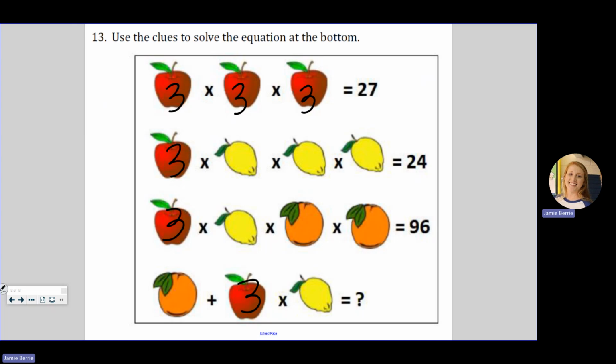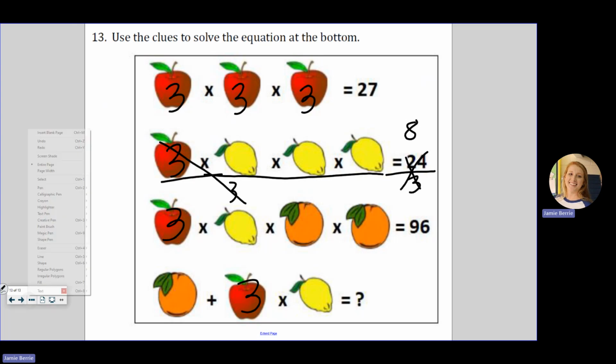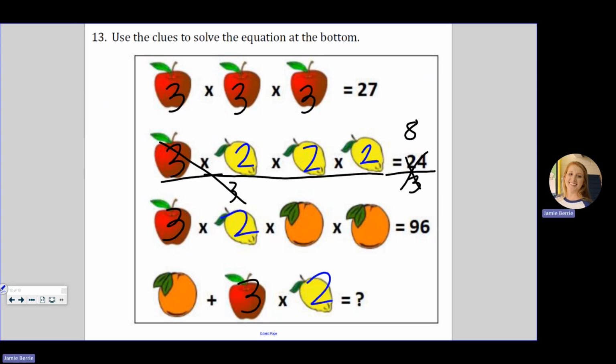So divide by 3, you're really dividing this whole thing by 3. So that cancels, that becomes 8. Sorry, it's so messy. So we've got lemon times lemon times lemon is 8. So what is lemon? Got to be 2, right? 2 times 2 times 2. Right, so lemon is 2.